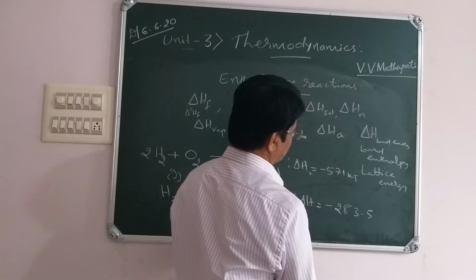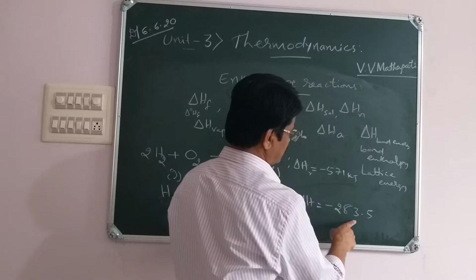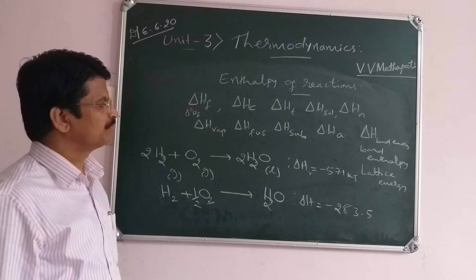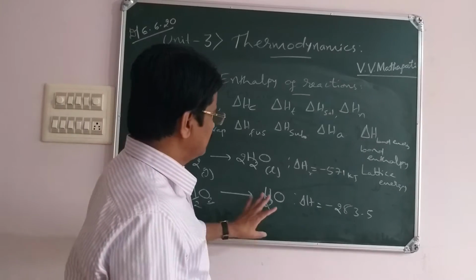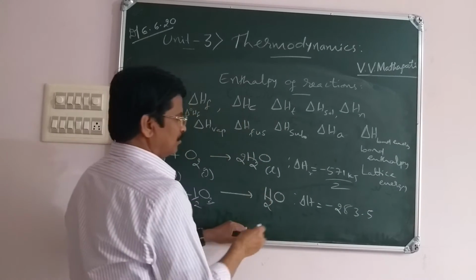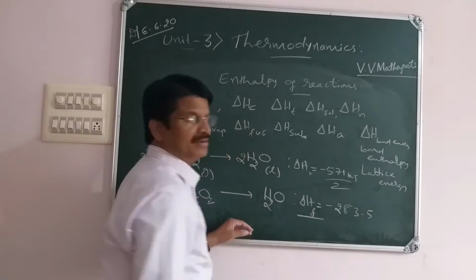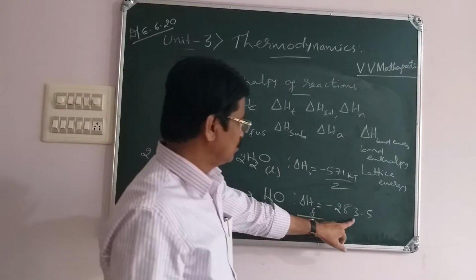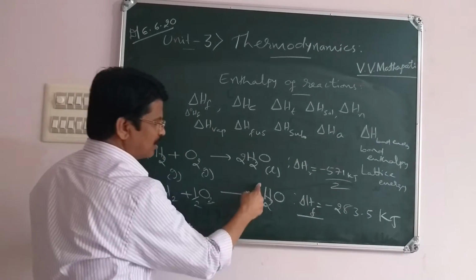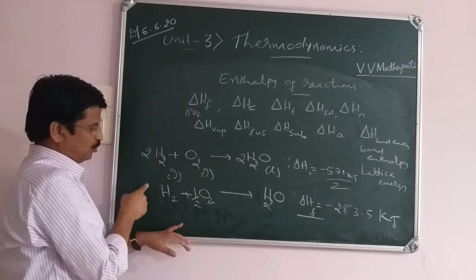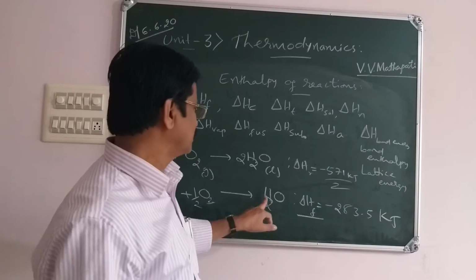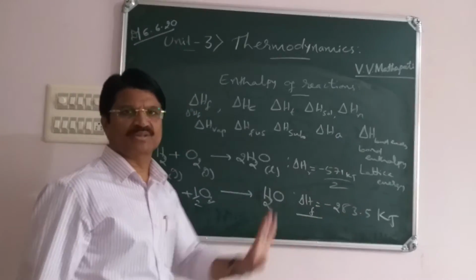Minus 285.5, that is minus 285.5 kilojoules for 1 mole. This value is said to be the enthalpy of formation of water. This indicates that when 1 mole of water is obtained from 1 mole of hydrogen and half a mole of oxygen, 285.5 kilojoules of heat is liberated. Therefore, the enthalpy of formation of water is minus 285.5 kilojoules.